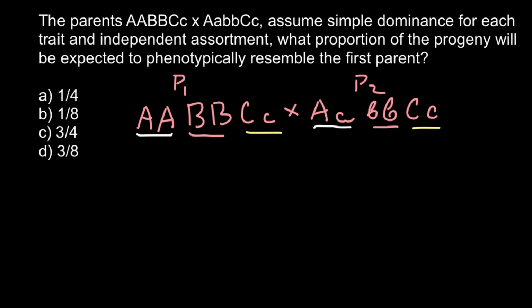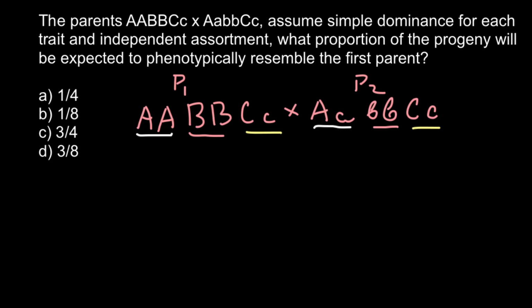So in order to find the probability that their progeny would resemble parent 1, we have to build three simple Punnett squares, one for each gene separately.